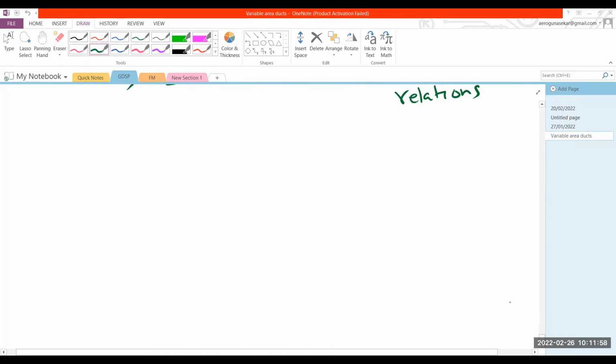So what we said is a star square equal to V1 into V2. We can write it in this way, that means I can simplify it further: A star by V2 is equal to V1 by A star.